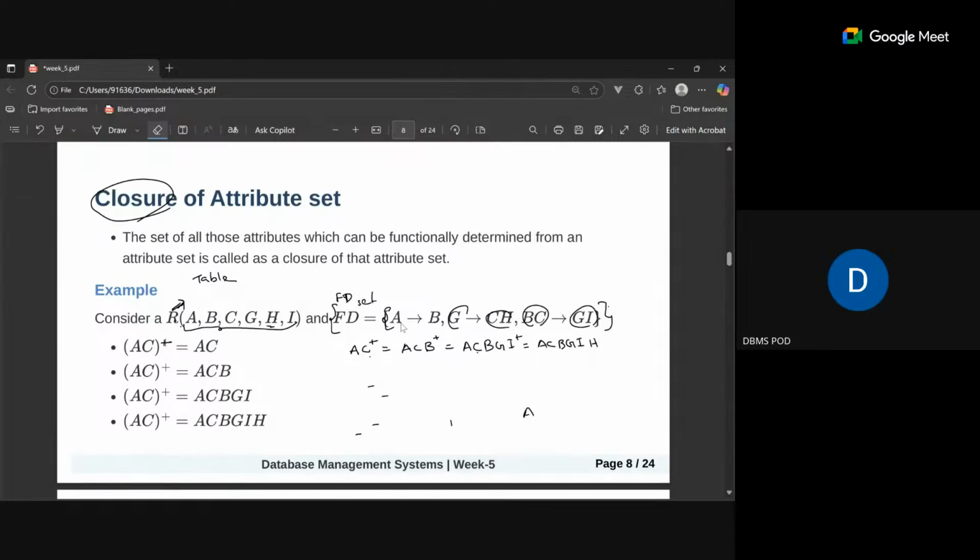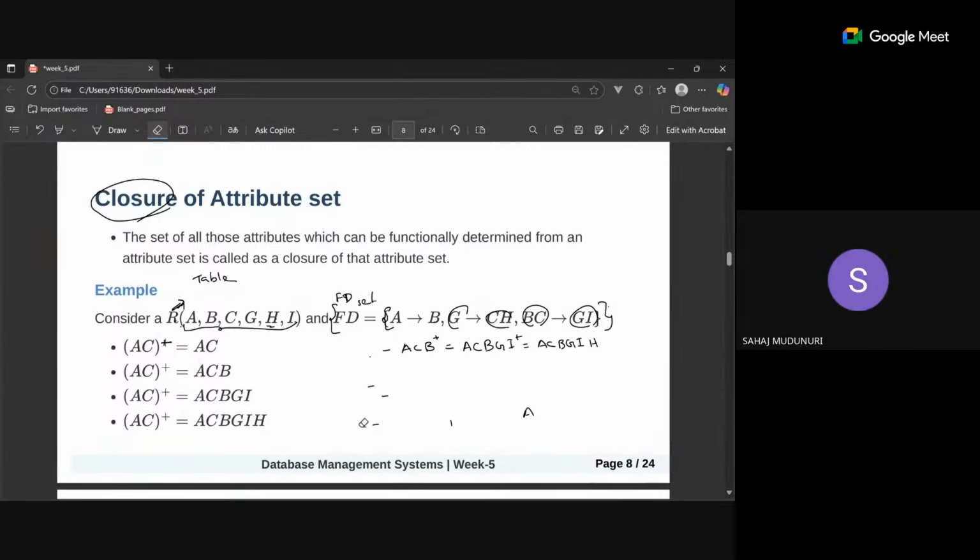See here, A is not linked to G or C. And if you take AB, it's not linked somewhere here. So you can check if, by taking closure, it's determining that or not. Using that, there are other concepts of candidate key and super key also, which we'll see in the next slide.